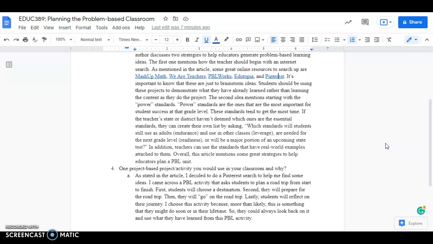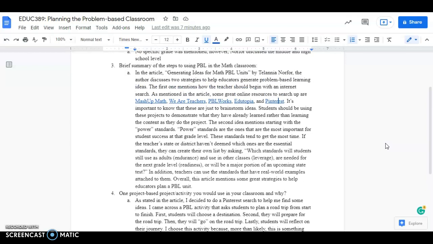When you do your search, most projects don't really incorporate problem-based learning, so unless you find something that specifically states it is for problem-based learning, be careful. Students should be using these projects to demonstrate what they have already learned rather than learning the content as they do the project.